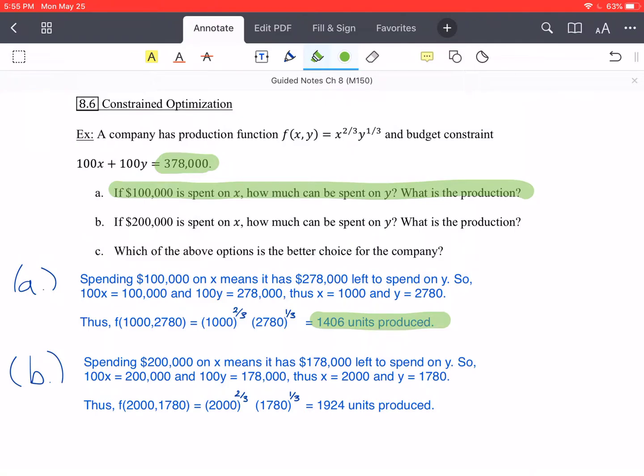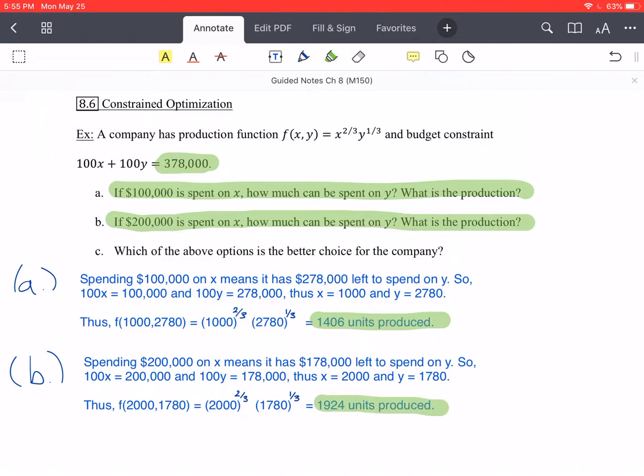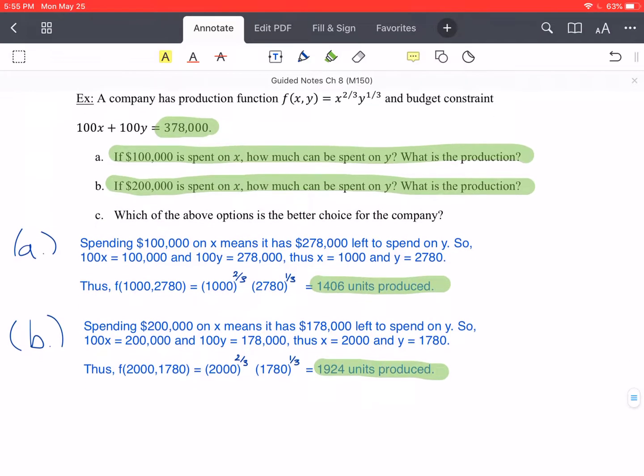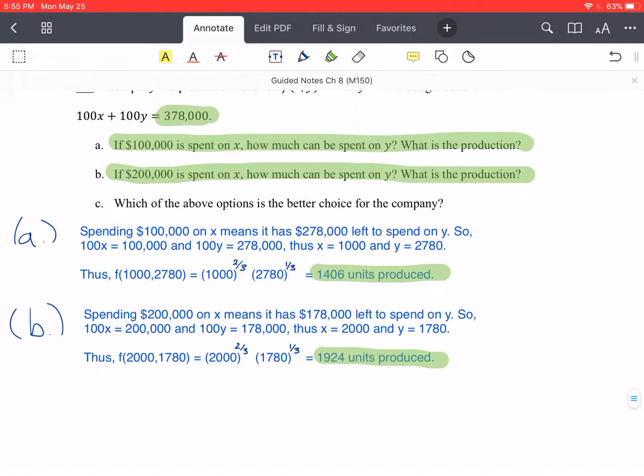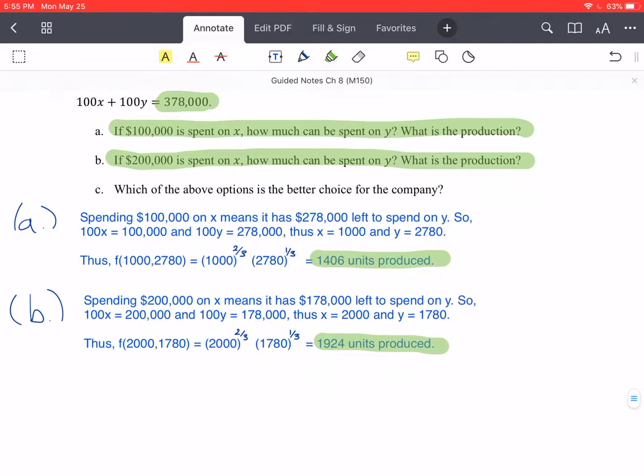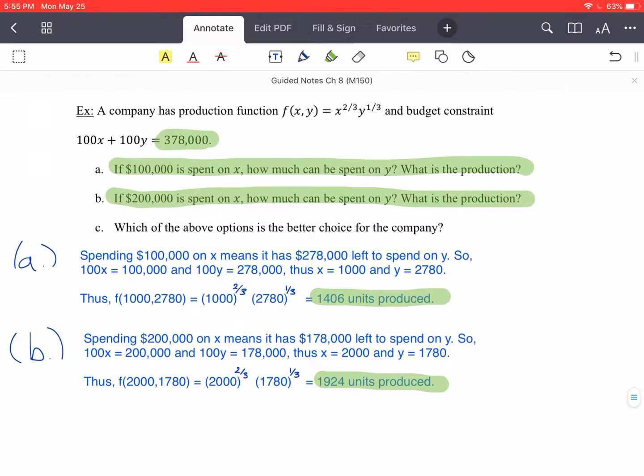If we spend the money this way, as outlined in part B, we're able to produce 1,924 units. So it seems that the best choice for the company out of these two is going to be part B, right? Option B, where we spend $200,000 on X and $178,000 on Y.